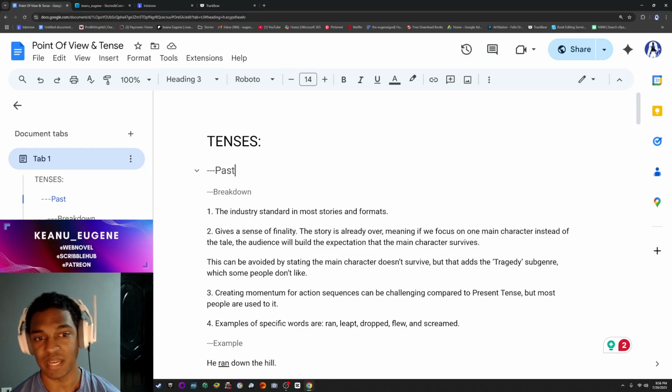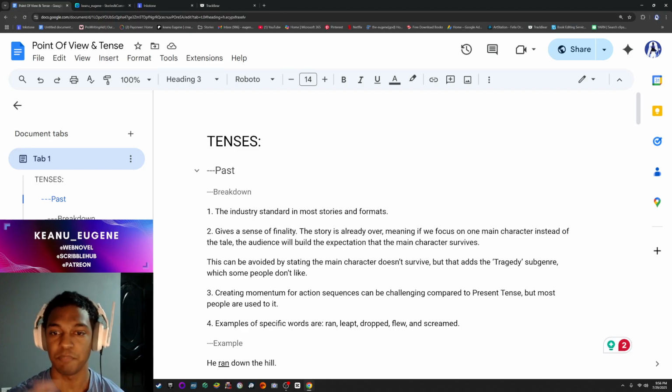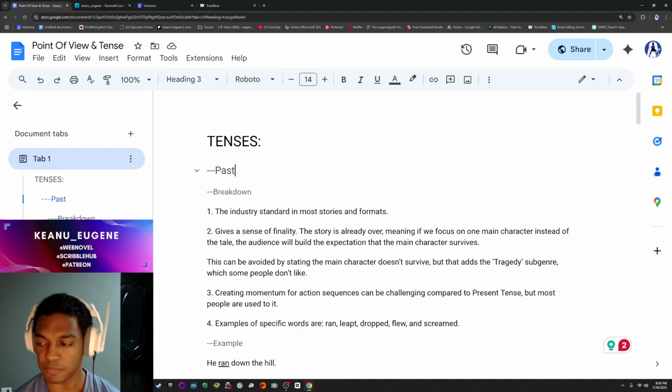But before we get to that, we have to do the basic stuff. We have to eat the vegetables first, right? POV, tense and syntax are the vegetables, so to speak. So we're going to get through it first in this video, and the next one will be syntax, and then we can go into all the actual writing techniques. So that video was just to show you that when it all comes together, that's how it'll look, but now we're going to get into the foundation of it all.